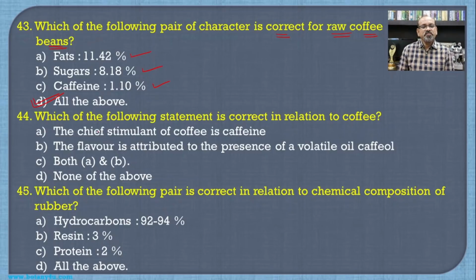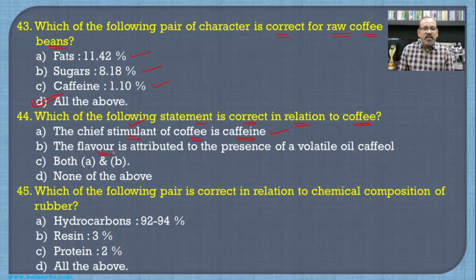Which of the following statements is correct in relation to coffee? The chief stimulant of coffee is caffeine. As we take coffee, it works as a stimulant, and the compound responsible for this is caffeine, so it is a correct statement.